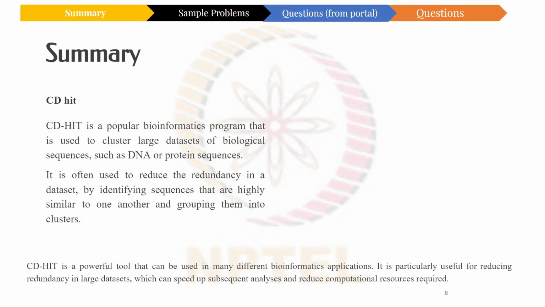So how does CD-HIT work? CD-HIT takes a set of biological sequences as input, then employs a fast and memory-efficient algorithm to calculate pairwise sequence similarities. We have studied in previous classes how pairwise sequence similarities are calculated.